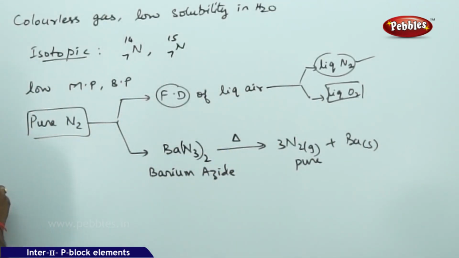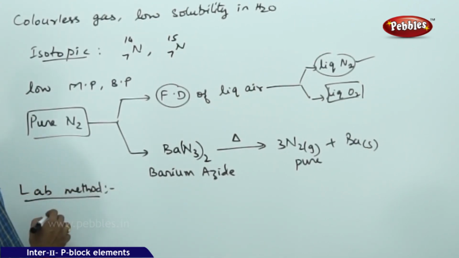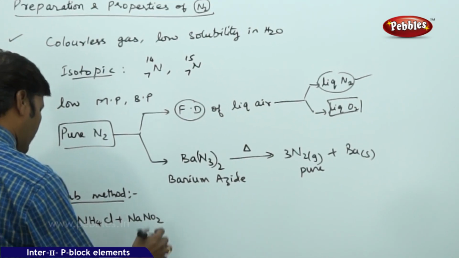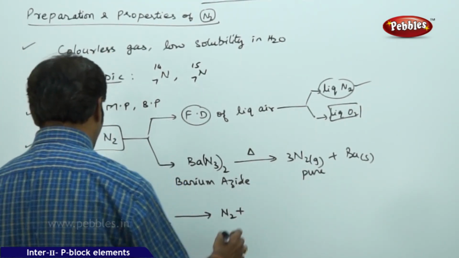Then apart from this, in the laboratory method, you can take ammonium chloride and treat it with sodium nitrite. Then you are going to get nitrogen plus sodium chloride.